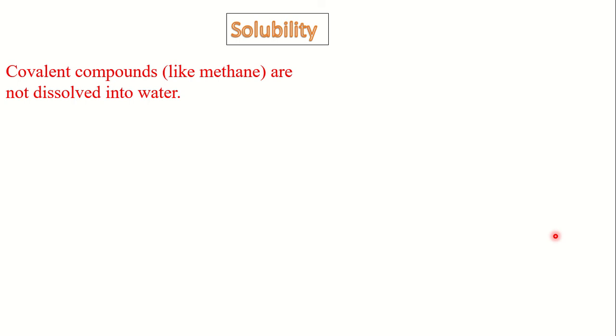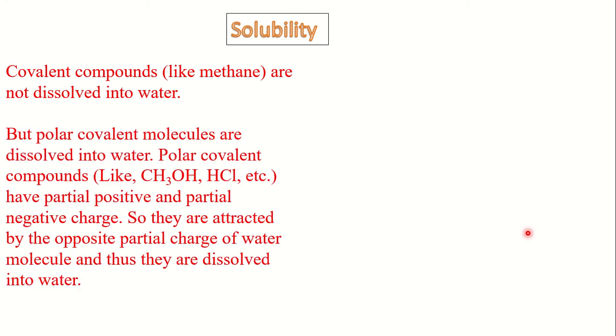Which covalent compounds are soluble in water? The covalent compounds that are polar, that means the covalent compounds that have partially positive and partially negative ends on both sides. They are soluble in water.